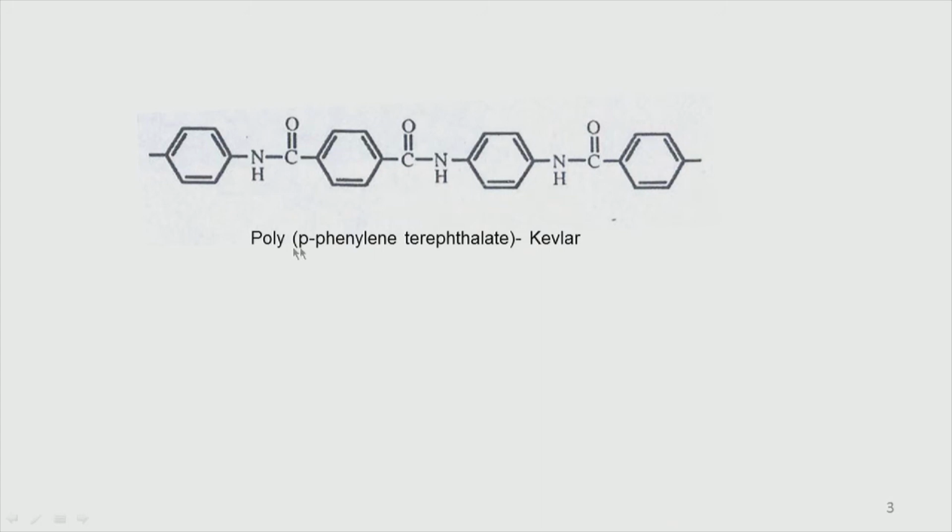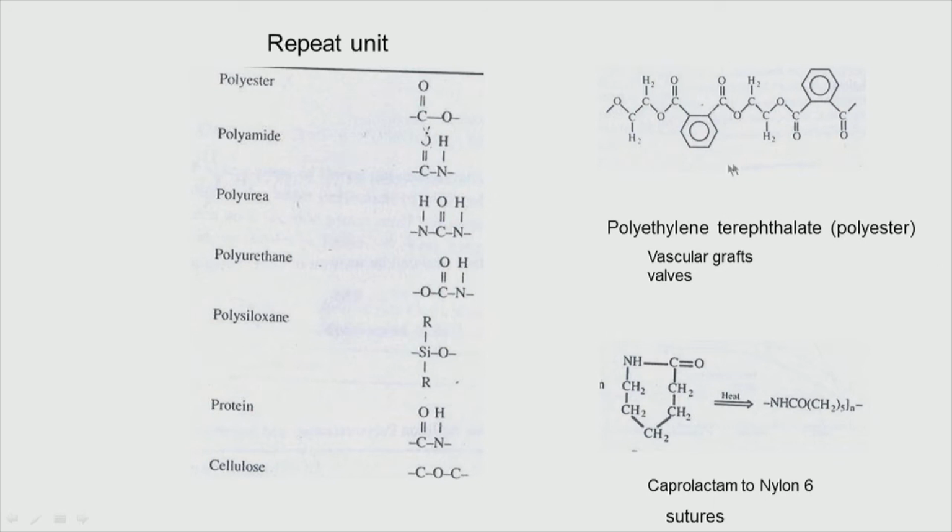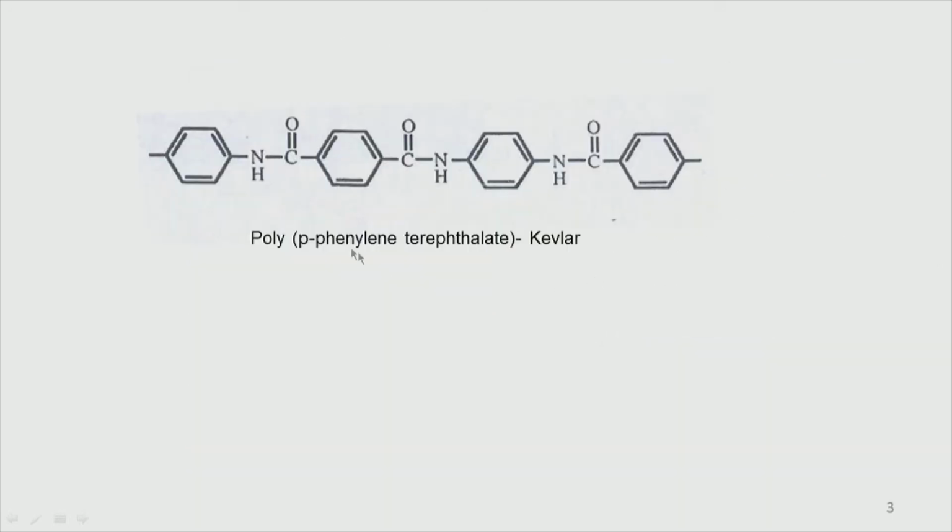Okay, more of the structure. This is called polyparaphenylene terephthalate, because you have the nitrogen here, NH, paraphenylene terephthalate. If you remember, this looks like your terephthalate. Here it is phenylene because you have the nitrogen. It is extremely strong, it is called Kevlar commercially, and they sometimes make bulletproof vests with this.